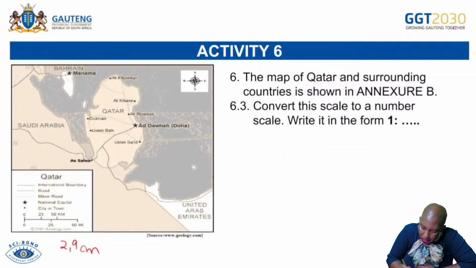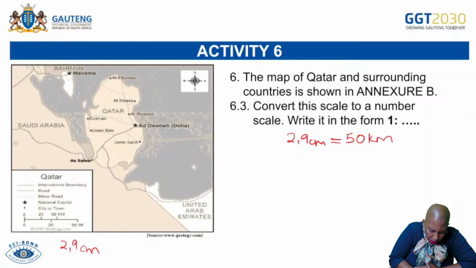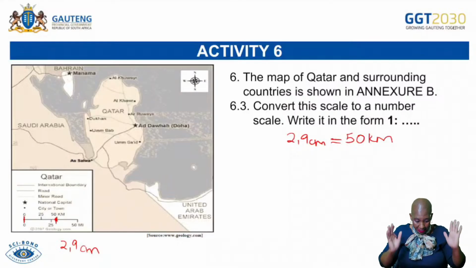So now in my question, 2,9 centimeters will represent what? Will represent 50 kilometers, because I've measured from this point up until this point. Because it is clear, then it's 50 kilometers.